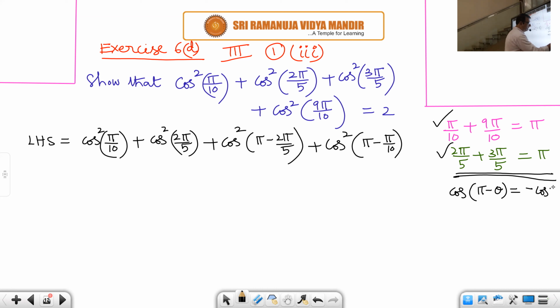Pi minus theta is an angle in the second quadrant, if theta is acute, and in the second quadrant cos is negative.